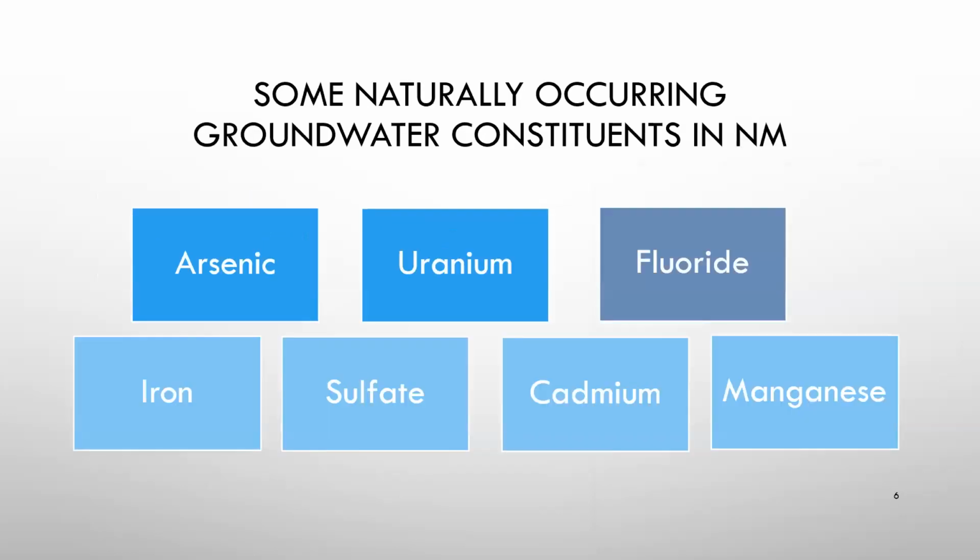So what do we know about potential risks in the state? We know that there are some naturally occurring groundwater constituents. I've listed some of them here. Some have potentially significant health implications, and some, of course, are more nuisance kind of constituents, secondary constituents. And of course, fluoride can go either way.